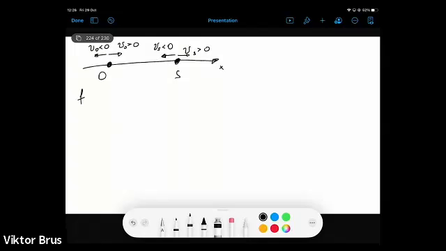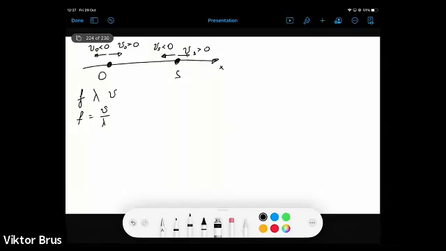We have some frequency of the sound source, F. Then we have also the corresponding wavelength, lambda, of this sound. And we have the sound speed in the environment, which is V. So we have these parameters. We remember that frequency is given as the ratio between sound speed and wavelength.